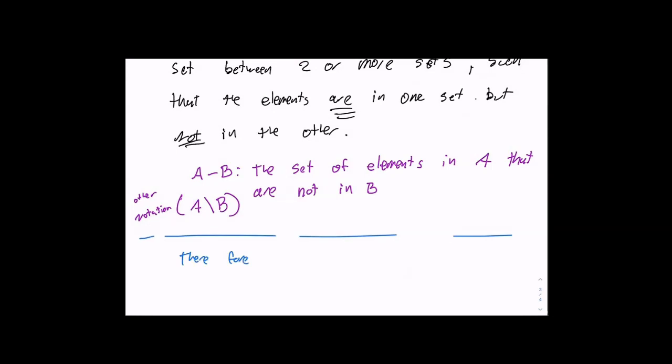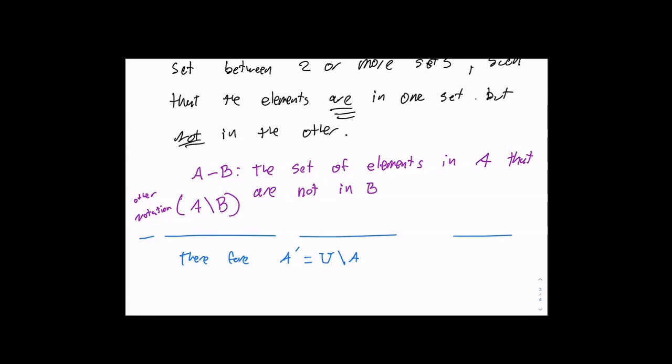Therefore, A prime is the same thing as the universal set minus A. That's the definition of A prime.